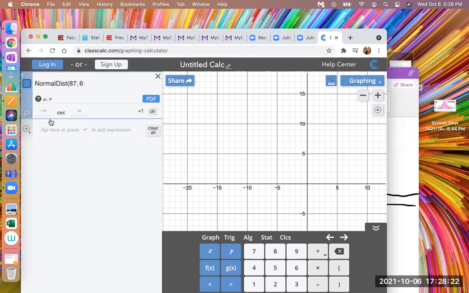Okay, so the cool thing is, this is where they want you to put the lower bound, and this is where you put the upper bound. Notice how they have the negative infinity and positive infinity already in there, and the calculator accepts infinities, which is nice, but I don't know how to input it.